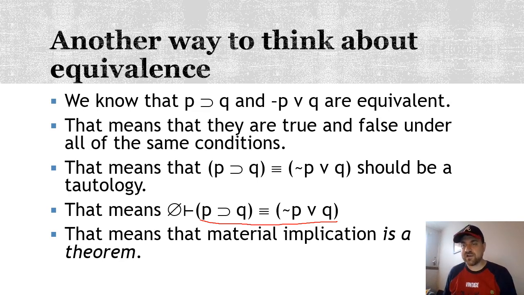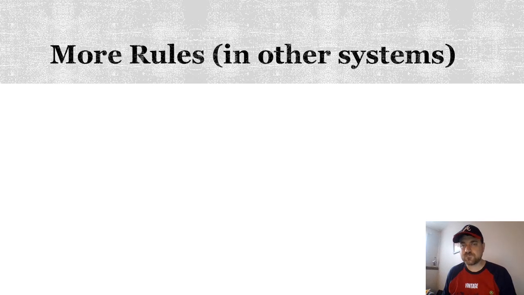Likewise, any other real equivalence, any of those equivalences with a biconditional in between, should be a theorem in the system. And so that's something that we can use our proof system for. In proving theorems that are biconditionals, we can prove equivalence, right?